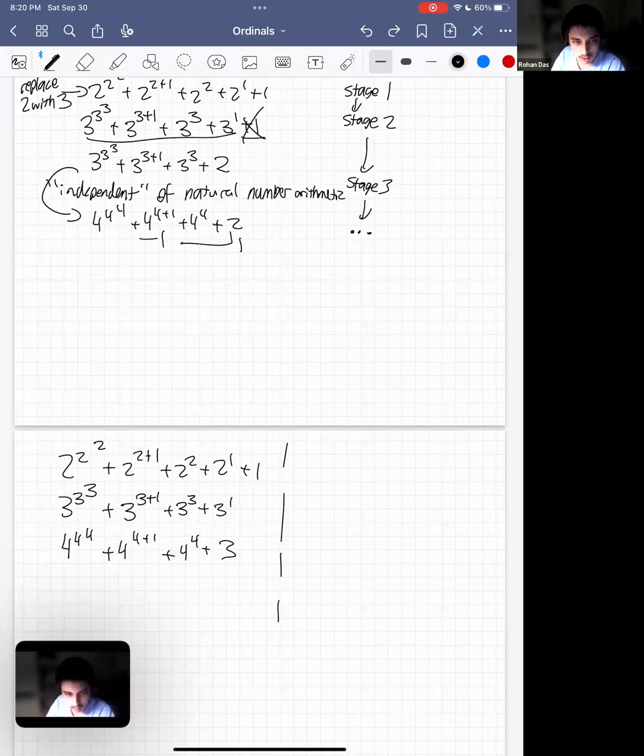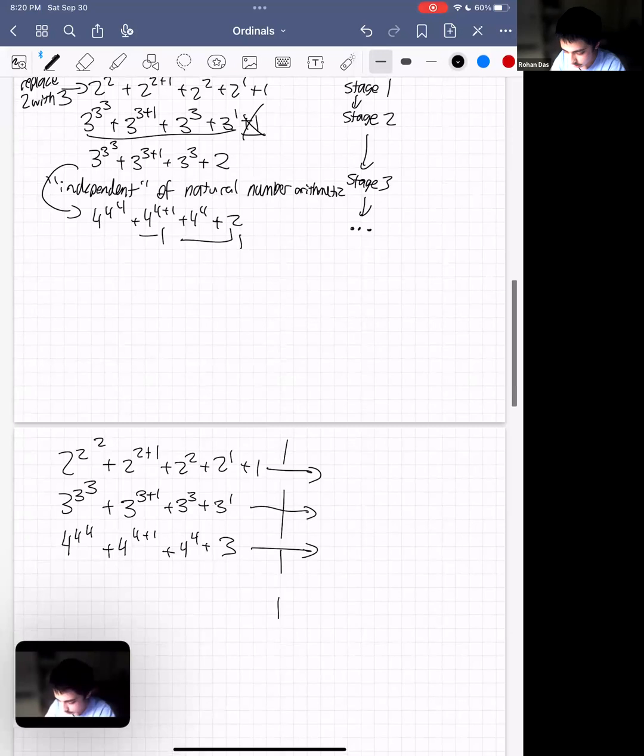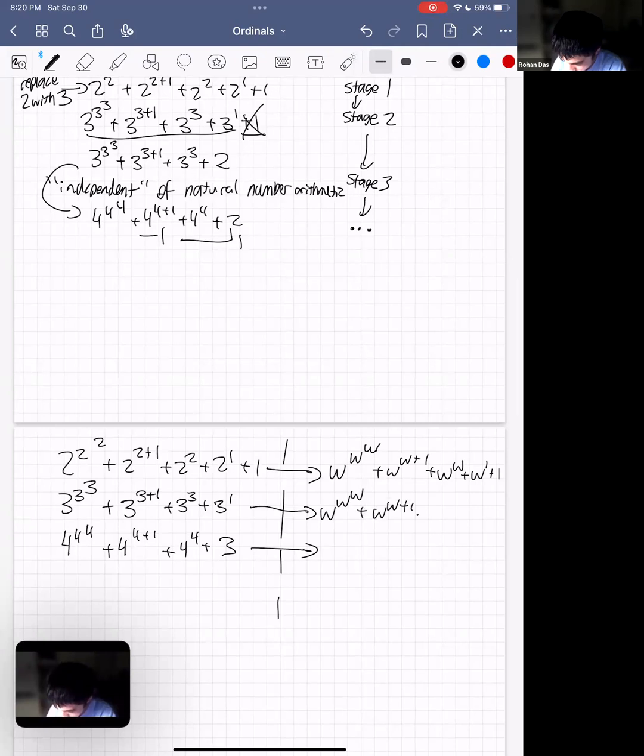So with this, we can construct from each term a paralleling term by replacing, for the stage 1 term, all 2's with omega. And then we replace all 3's with omega. And then we replace all 4's with omega.